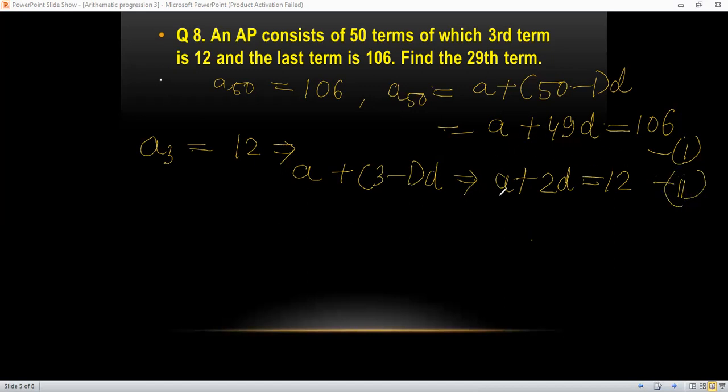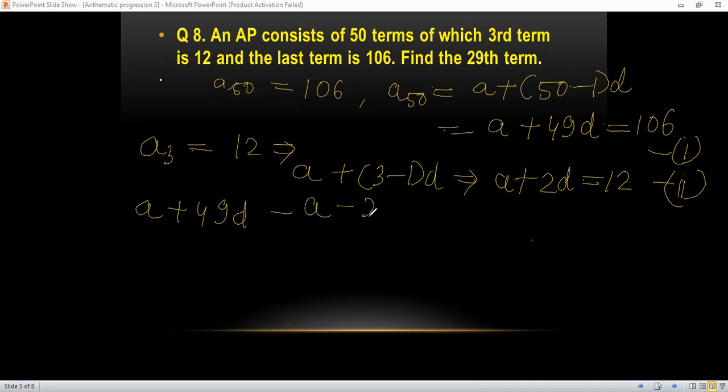Now, subtract both the equations. Let's subtract the equation A plus 49D minus this. If I subtract both the equations, the sign of the second equation will get changed.